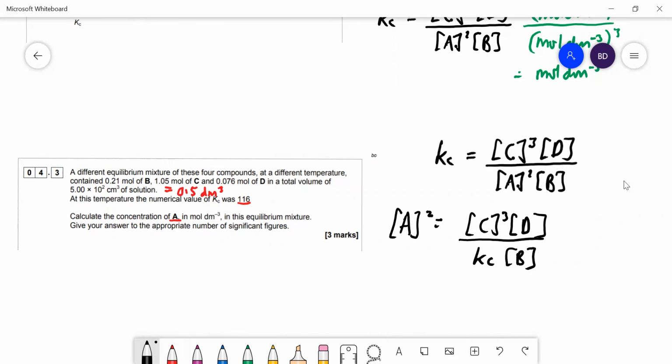And of course, these square brackets here all mean concentrations. So we've got to do moles over volume every time. And the volume, we worked out, was equal to 0.5 dm cubed.